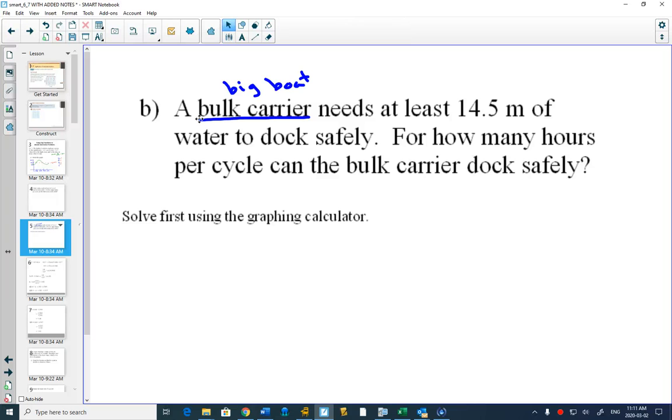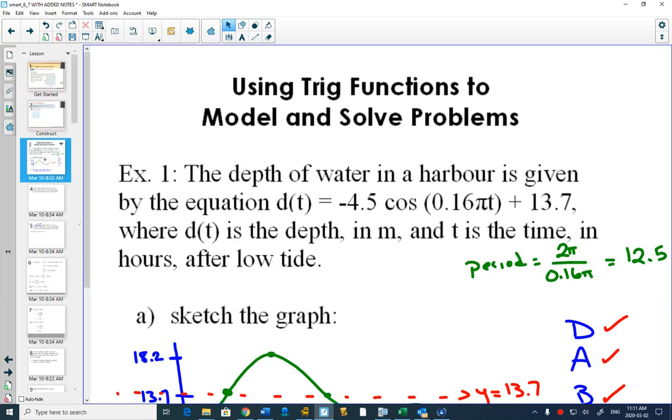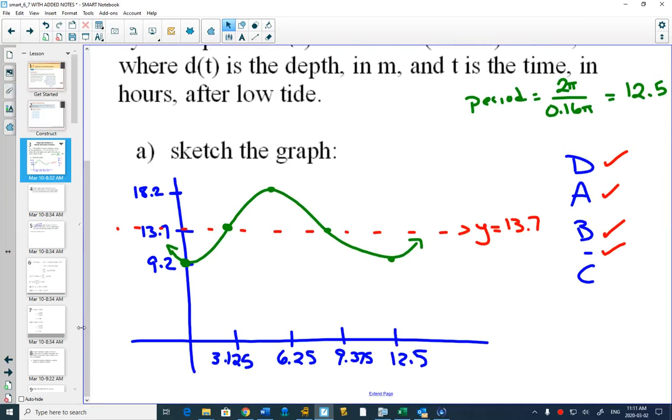If we go back to our diagram, on our diagram I can mark a depth of 14.5. Oh, I'm looking at my graph and I got a little bit careless as well. In a real life situation like this one, we need to put some labels on here. For example, what did our y-axis, label it as y, this represented depth in meters.